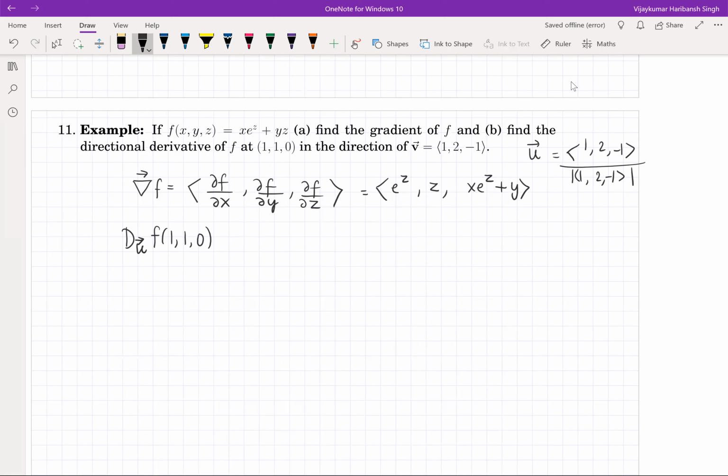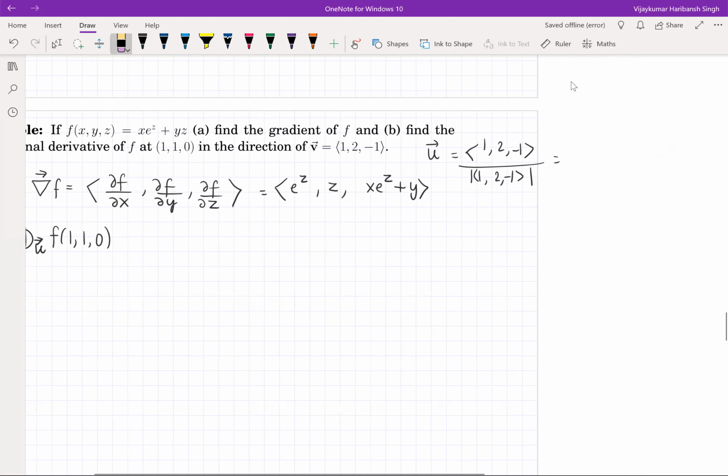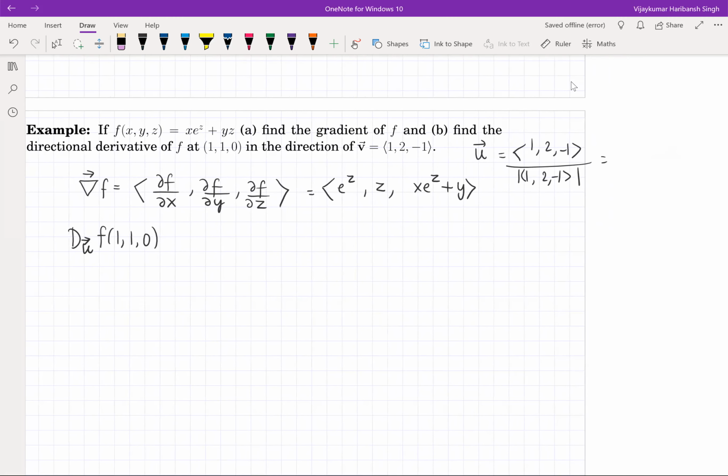So what is the length of this? 1 square plus 2 square plus 1 square. So that is going to be square root of 6. I can directly write this to be v over square root of 6. Yeah, that is my unit vector.